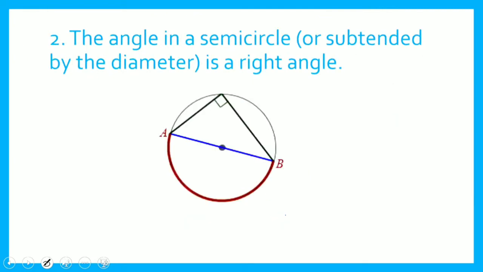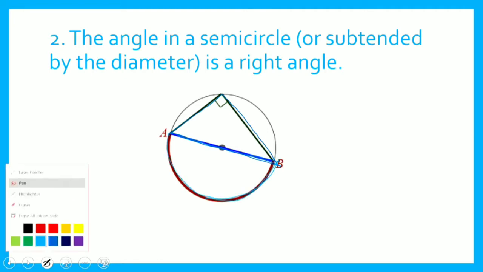Number two, the angle in a semicircle, or angle subtended by the diameter. Here's the diameter. The angle that is subtended there, and if you notice, it is formed on this arc, AB, the one that was red before I touched it.